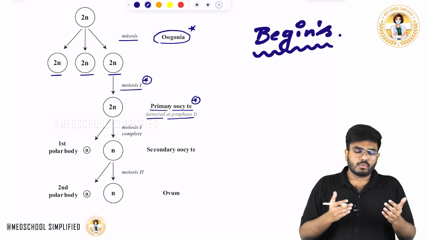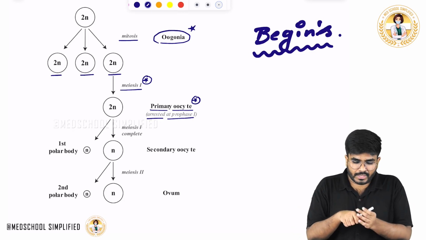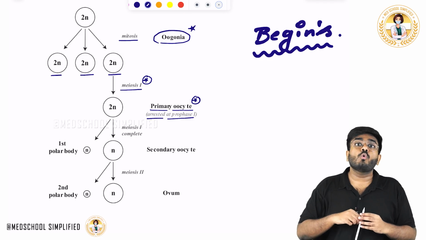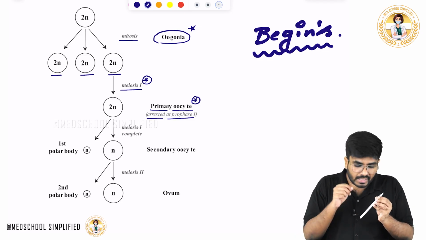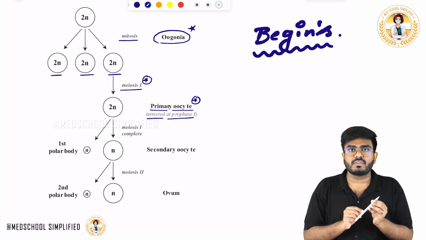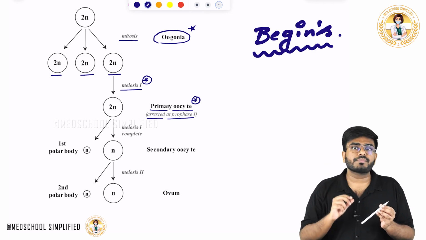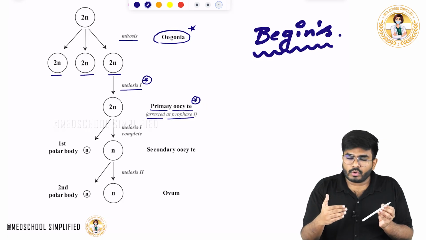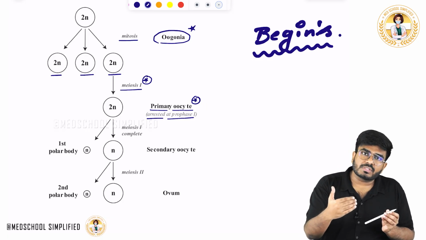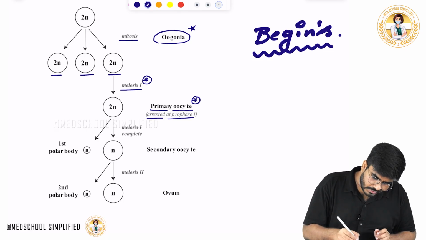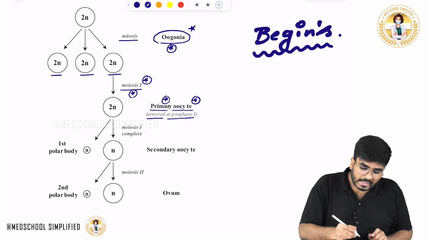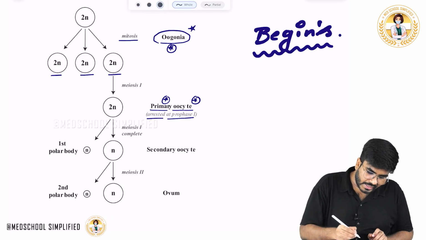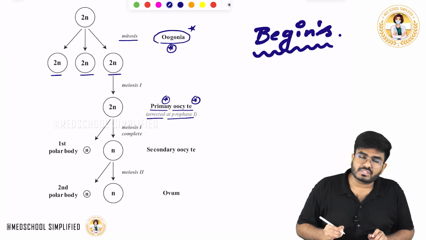So, consider a female in intrauterine life, still in the womb of the mother. In the ovaries of this female, oogenesis has already started. The oogonia enter into meiosis 1 as primary oocytes, and they are arrested in prophase 1 of meiosis 1.